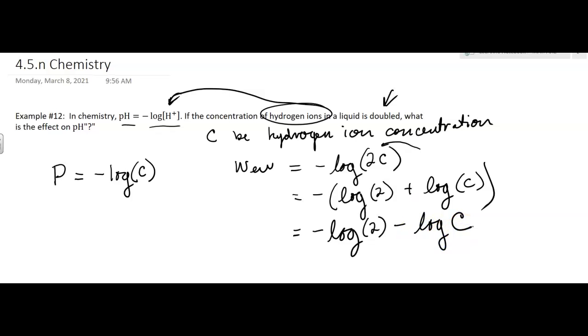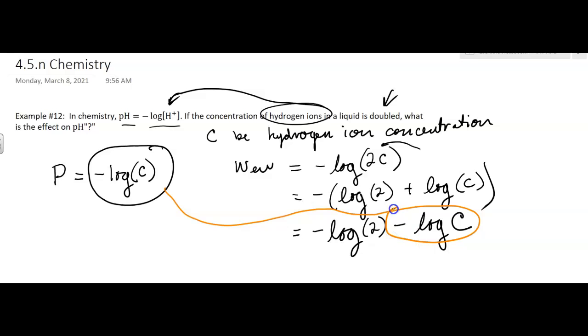Okay, so notice this. This part right here is the same as this part right there, okay? Now, what was this part right here? That was the original pH balance, okay?